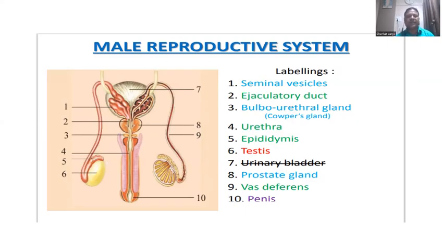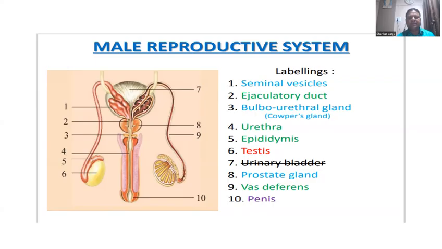And the second one is the penis. So penis and scrotum are the external genitalia of male, and the remaining organs are internal genital organs, internal genitalia, and these are here.